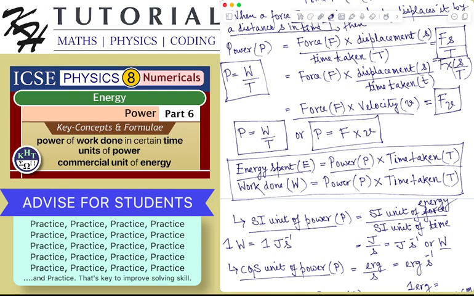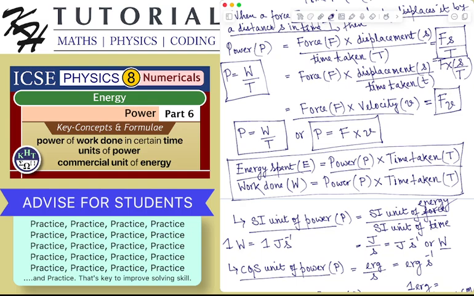Also, W we know is, if we consider W to be the work done by a force applied on a body which is displaced by a distance s in the direction of the force, then the work done is F into S. So power will be F into S divided by T. Now, S by T, the displacement by time, we know is the velocity of the body.